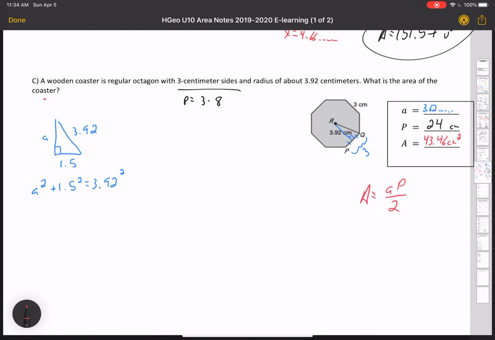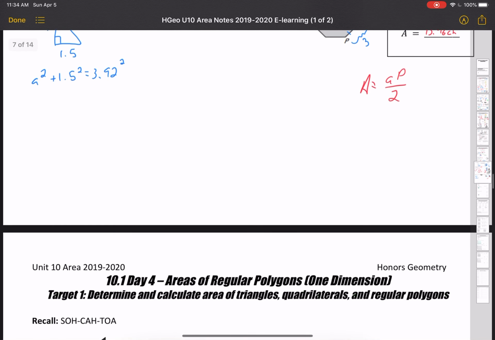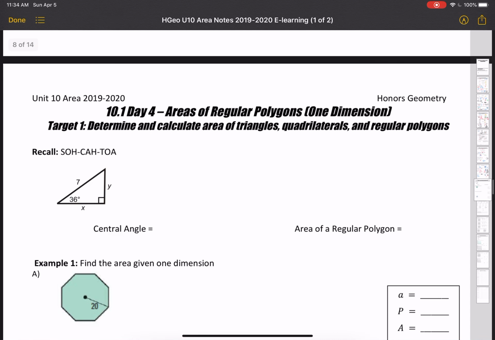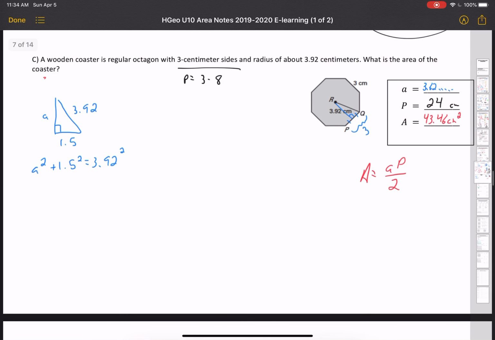All right, so this formula is a little bit trickier. There's a lot more math going on that we may have to do before we can use the formula. So make sure you're practicing that. Next video is going to be what happens when we only have one dimension. So that's going to require a little bit of trig. So start practicing now, or watch the next video and then practice your worksheet.